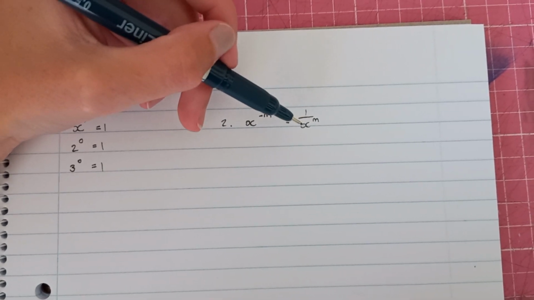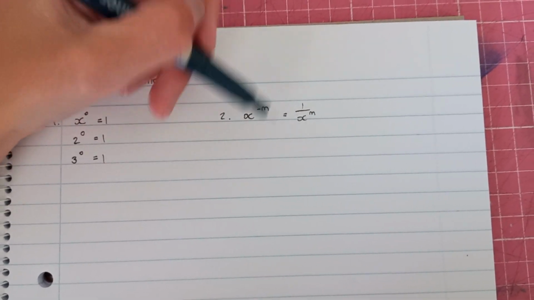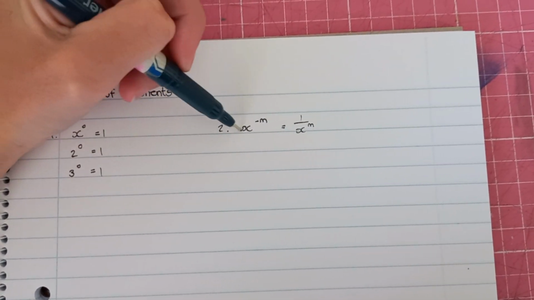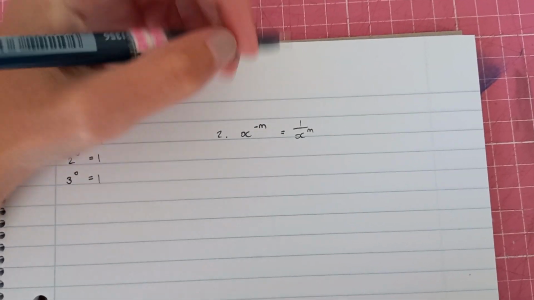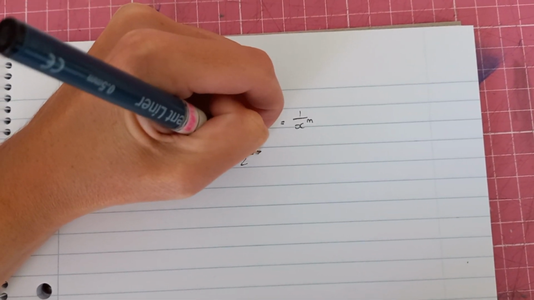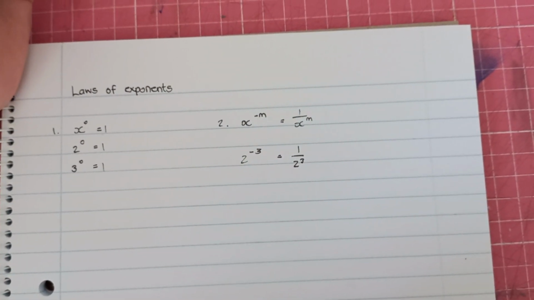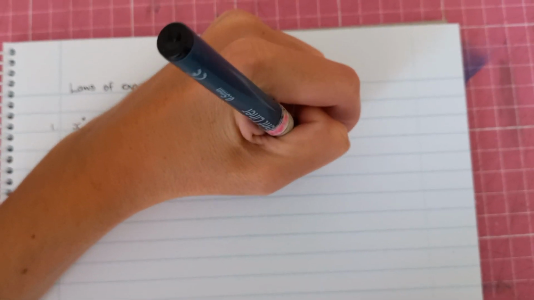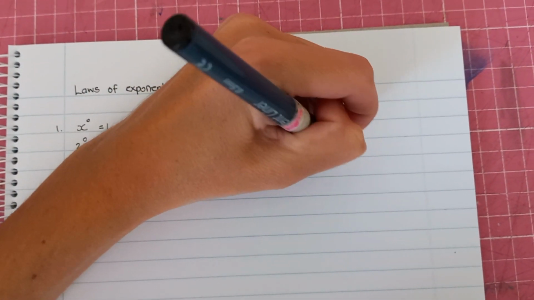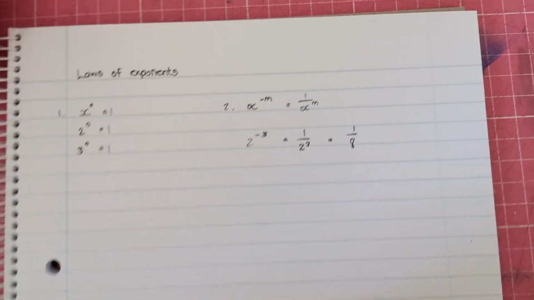And x to the power of m, okay, as a fraction, as the denominator, can become negative m, okay? So if you had 2 to the power of negative 3, it will become 1 over 2 to the power of 3, okay, which simplified can become 1 over 8, okay?